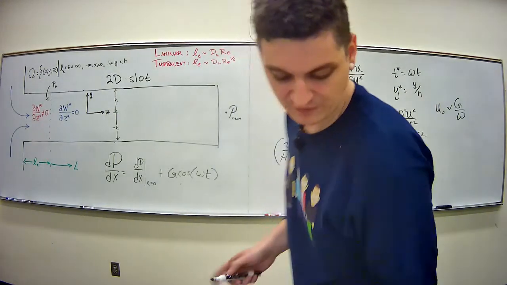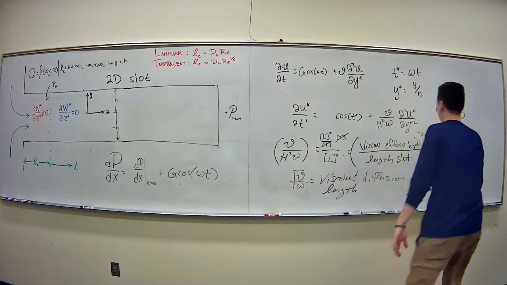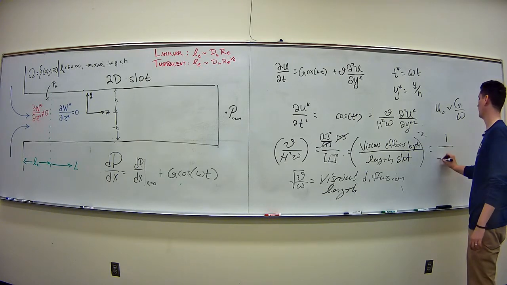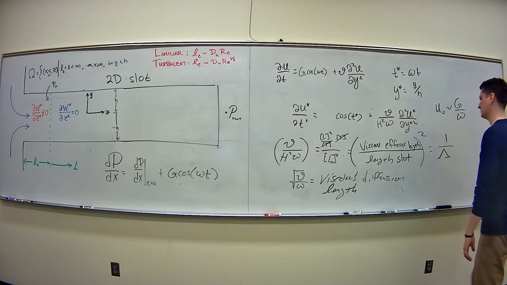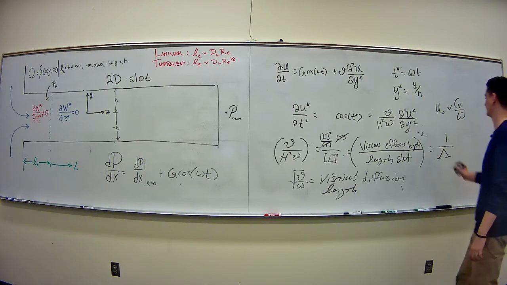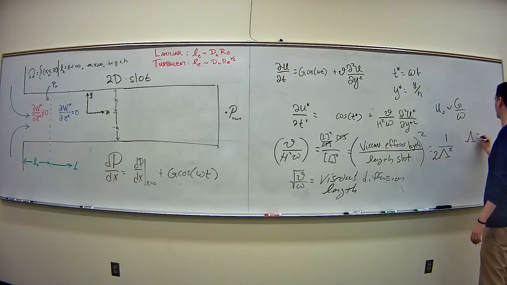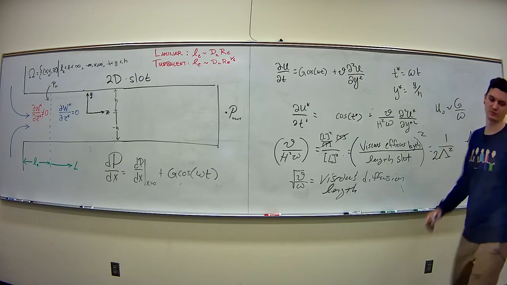So we want to describe this as a ratio of lengths. It's nice to have it be 1 over, though. So this could be expressed like this, where my capital gamma is what?